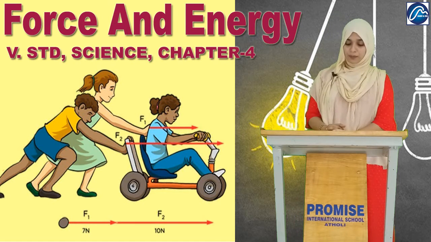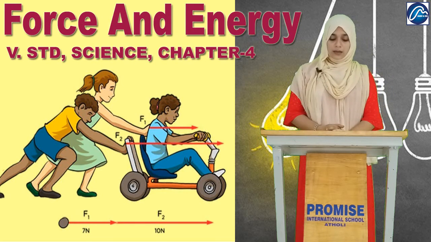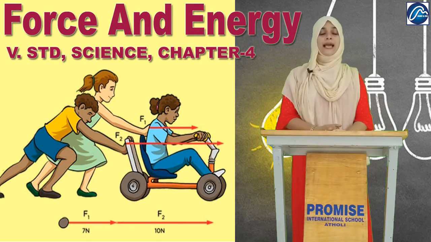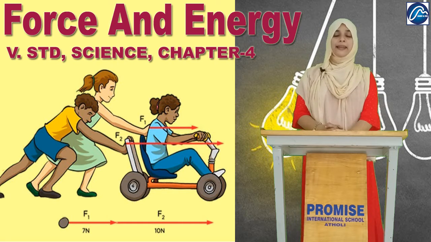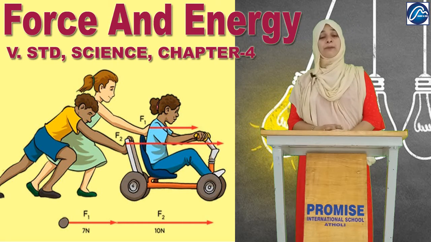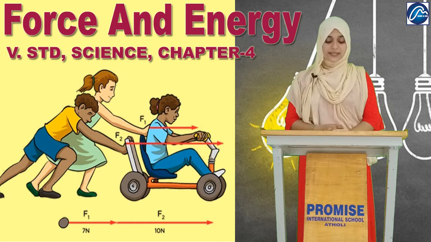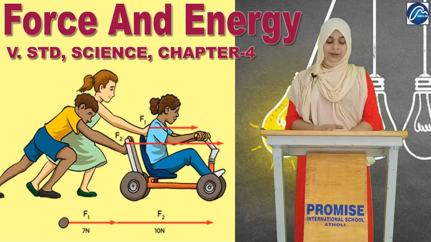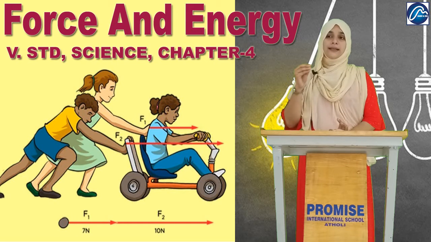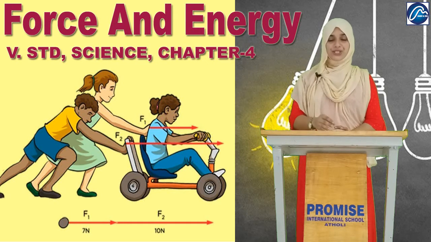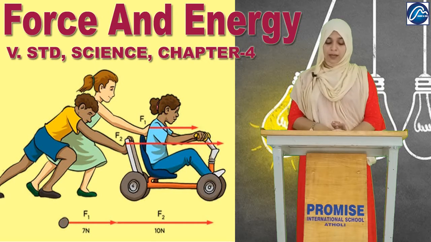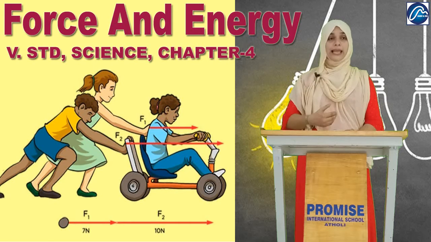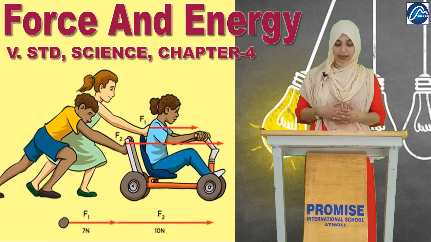These simple machines help us to do work by applying force at a convenient point, which either changes the direction of force or increases the force applied. They help us by changing the direction of the force we apply, or by increasing the force we apply.